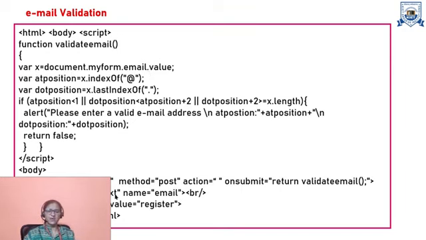There is a text box whose name is email, which means we are providing something in this text box. When we provide it, it will collect the email value in the variable x, and from there it is going to check the position of the at-the-rate.